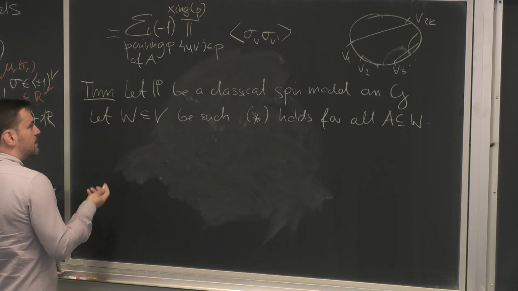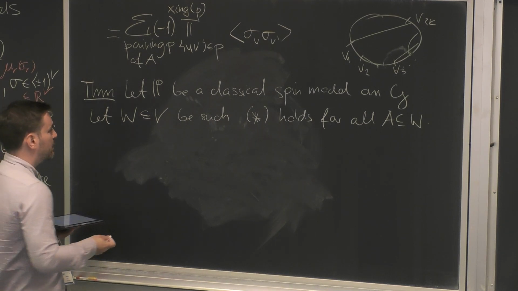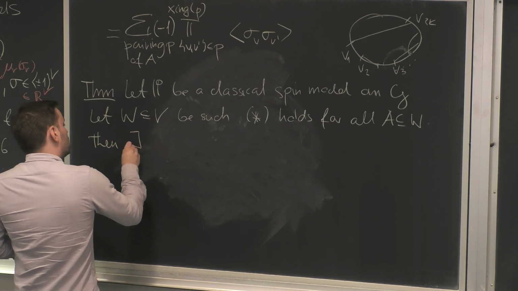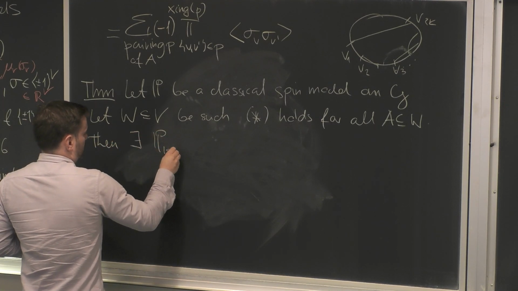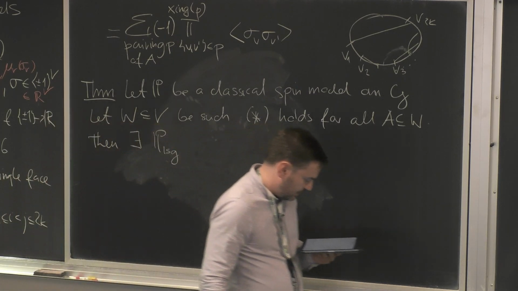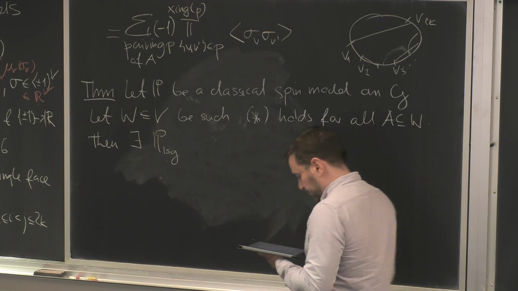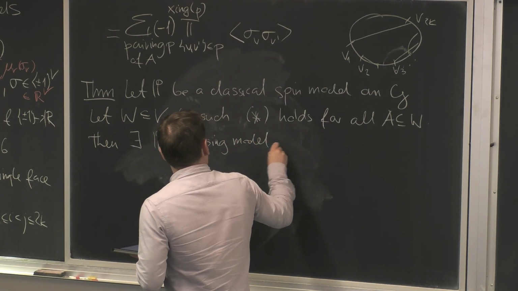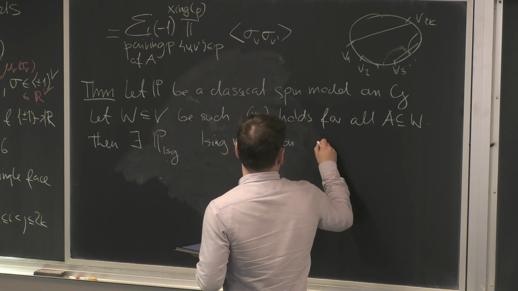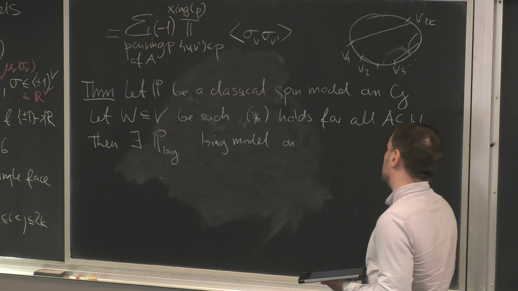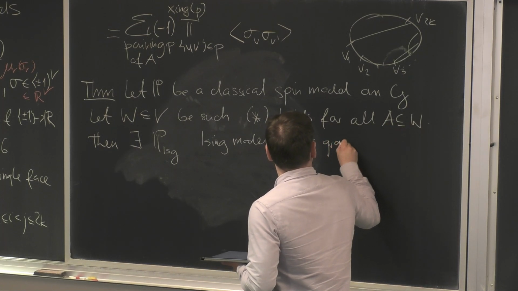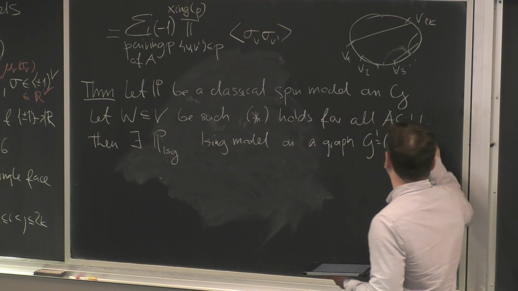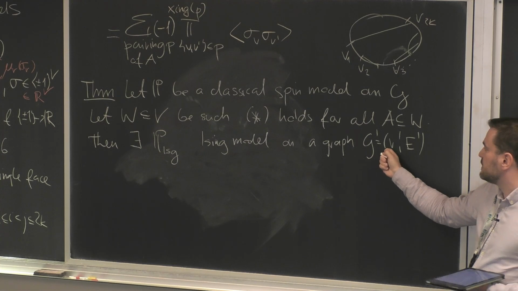And the statement is the following, basically that this is an Ising model on a planar graph. And what I mean by that is that then there exists an Ising model, which I will denote by P with a subscript Ising, on a graph, which for now I just call G prime, but it will be constructed from G, such that actually this W is a subset of that.